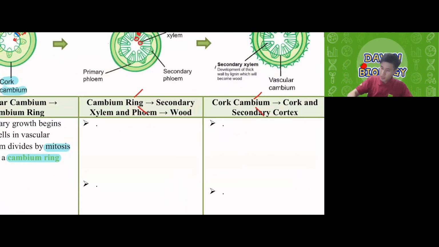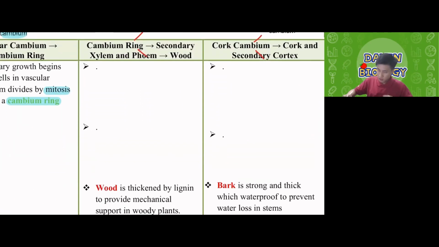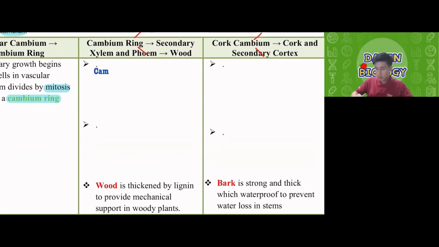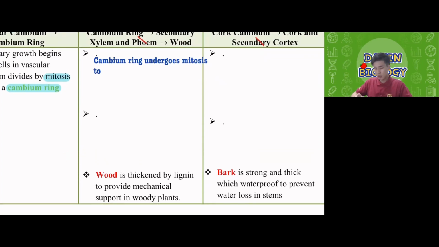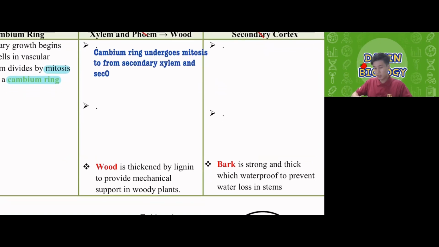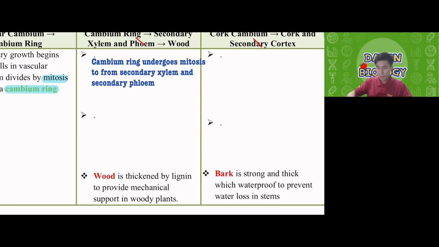All right. So the cambium ring, okay, I type for you. So you say the cambium ring then undergoes mitosis, or you can say continue mitosis, also the same, to form secondary xylem and secondary phloem.